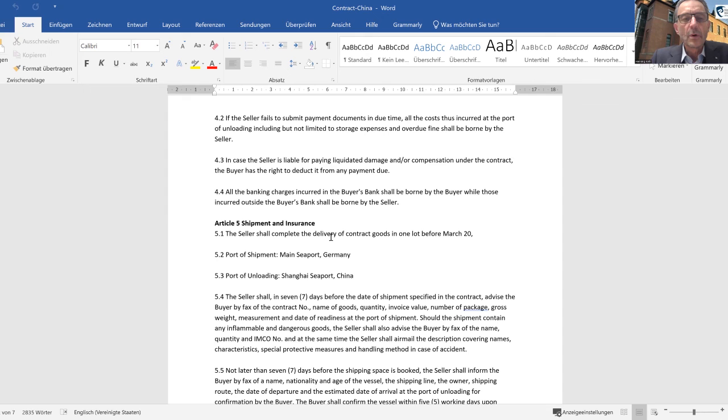And 4.4, all banking charges incurred by the buyer's bank shall be borne by the buyer, while those incurred outside the buyer's bank shall be borne by the seller. That means usually sharing the banking charges, and I can really say that's very often used. Each party has to bear their own banking charges.